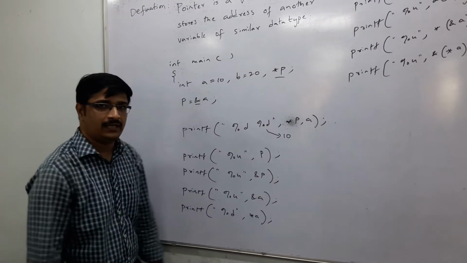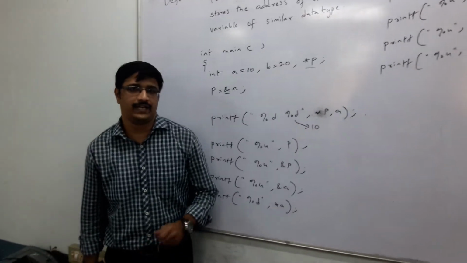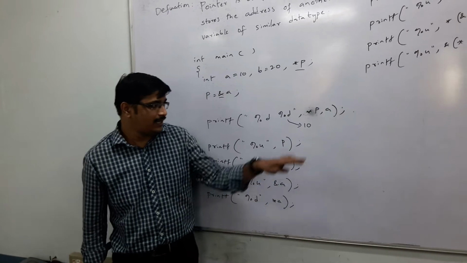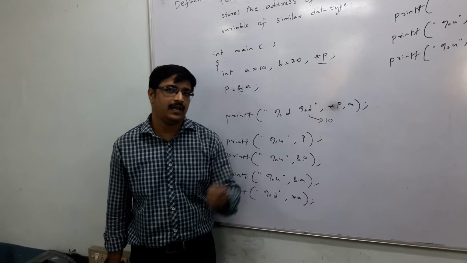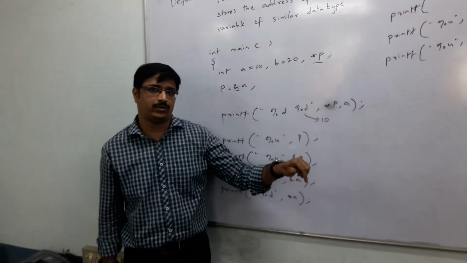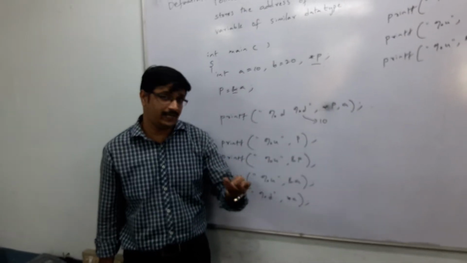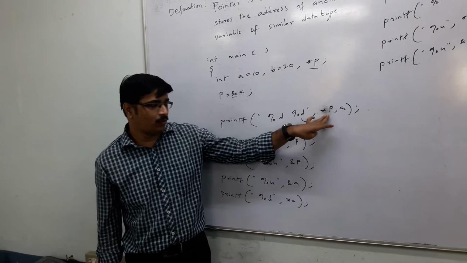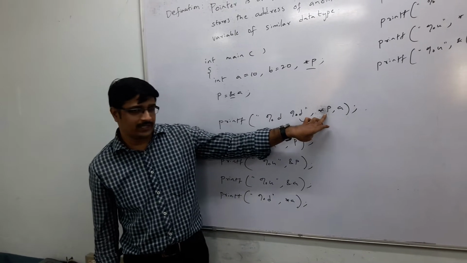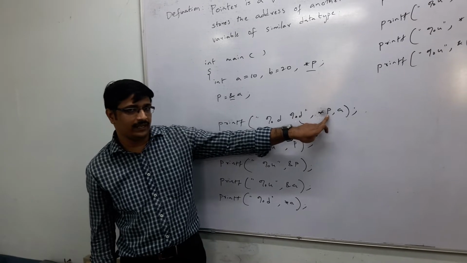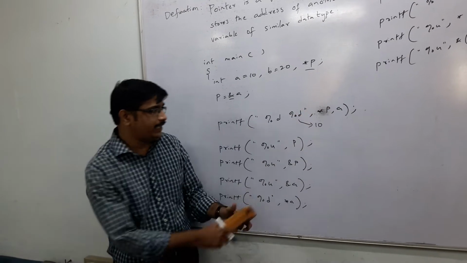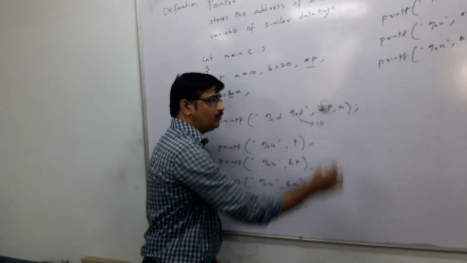Whenever it is a pointer variable, we are supposed to understand it like this. I need to go to p, there I will find an address. I have to go to that particular address location and pick up the value. I repeat once again: whenever it is a pointer variable, I go to p, there I find my address, and I go to that address location in order to pick up the value.